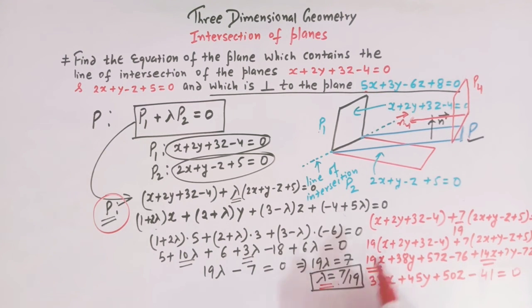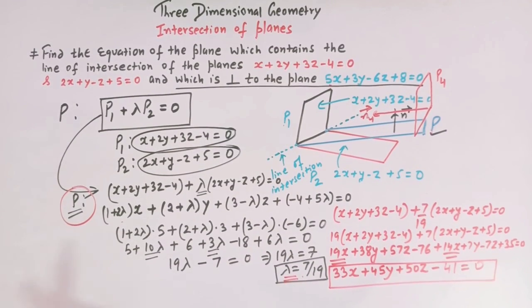So the equation of this plane P is given by this equation, which is 33x plus 45y plus 50z minus 41 is equal to 0, right?